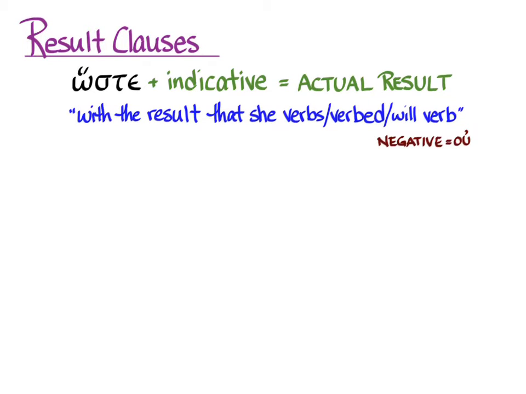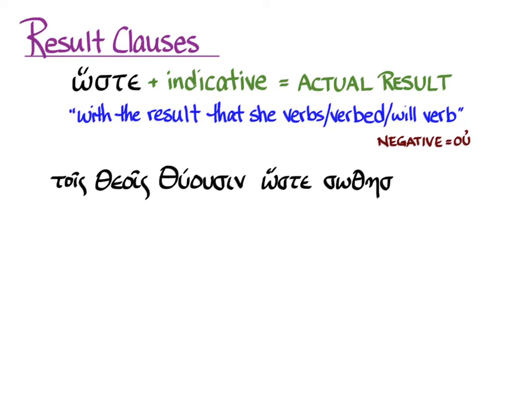So let's see some examples with these constructions, and we'll start with actual results. So here's the formula, and here is an example. Tois theois thuousin hōste sōthēsontai. You can see there the main clause before the hōste is "they sacrifice to the gods."